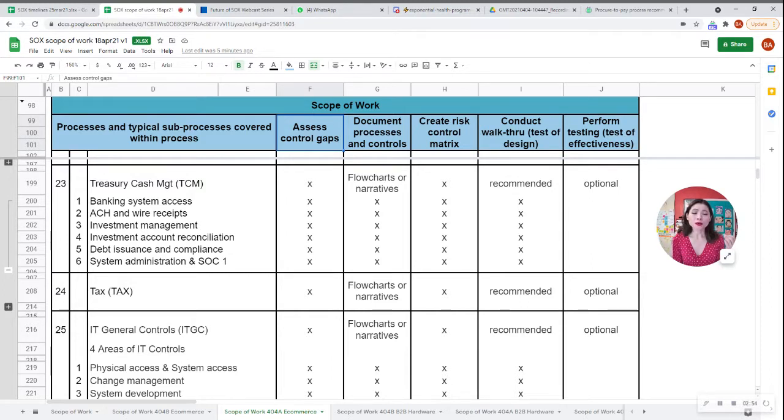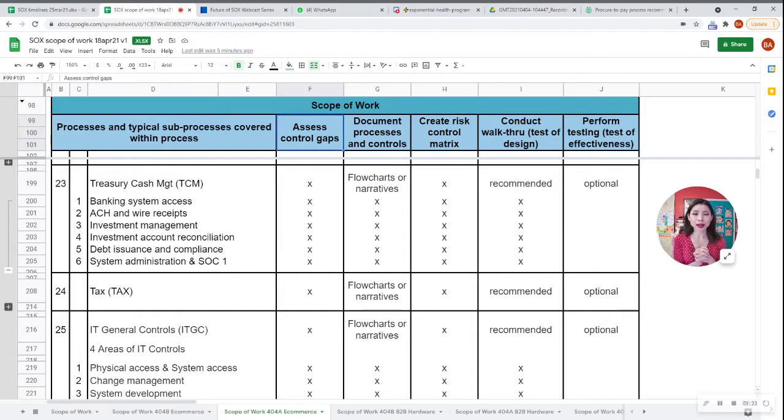Walkthroughs are more accurate in that whatever someone tells you in an interview is probably 80% of what they typically do. When we select a transaction, we can see the granularity of it and ask more probing questions. When someone says, I review an invoice, doing a walkthrough, they can actually show you: I review the date, the description, the amounts, the quantities, here's what it looks like.